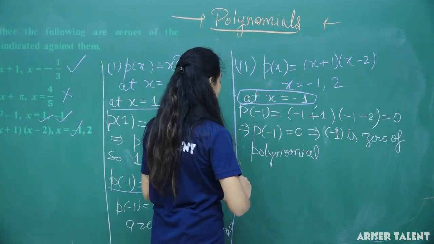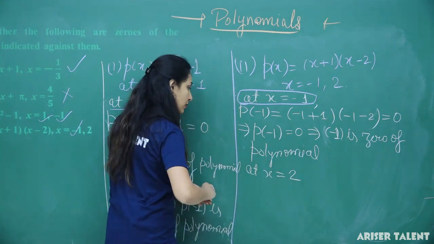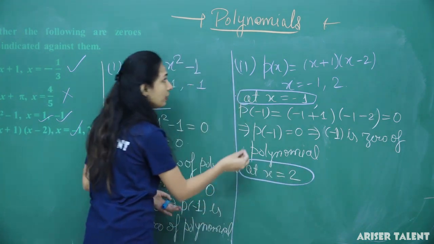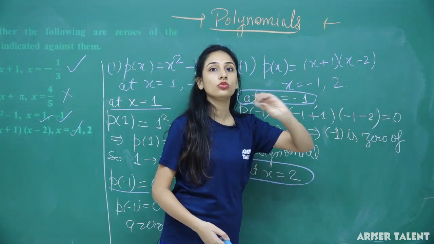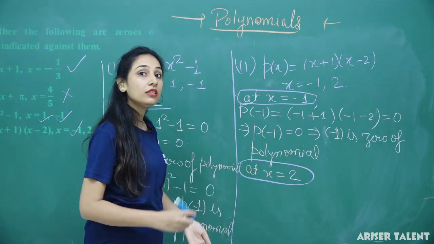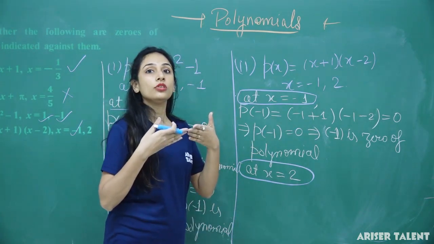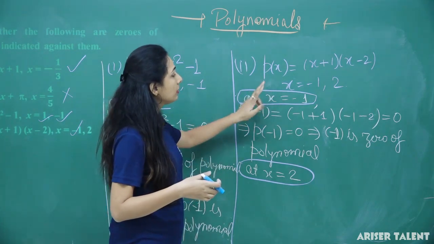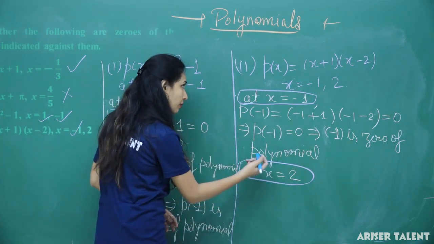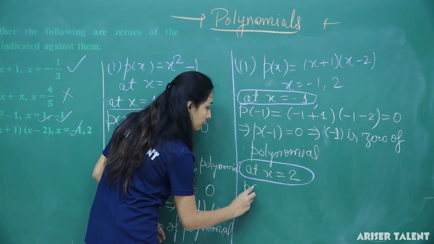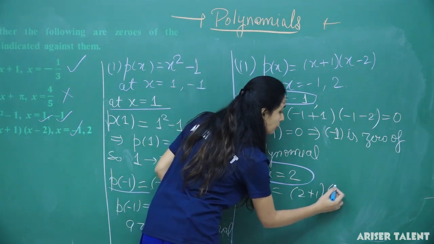Now the second case is at x equals 2. So what is the case for x equals 2? You will find out, it is very interesting. You can just put the value 2 here. 2 minus 2 is 0. So anything multiplied by 0 will be 0. Even closing your eyes, you can say yes ma'am, 2 is a zero of the polynomial. Anyhow we can do that question like that: 2 plus 1 and 2 minus 2.